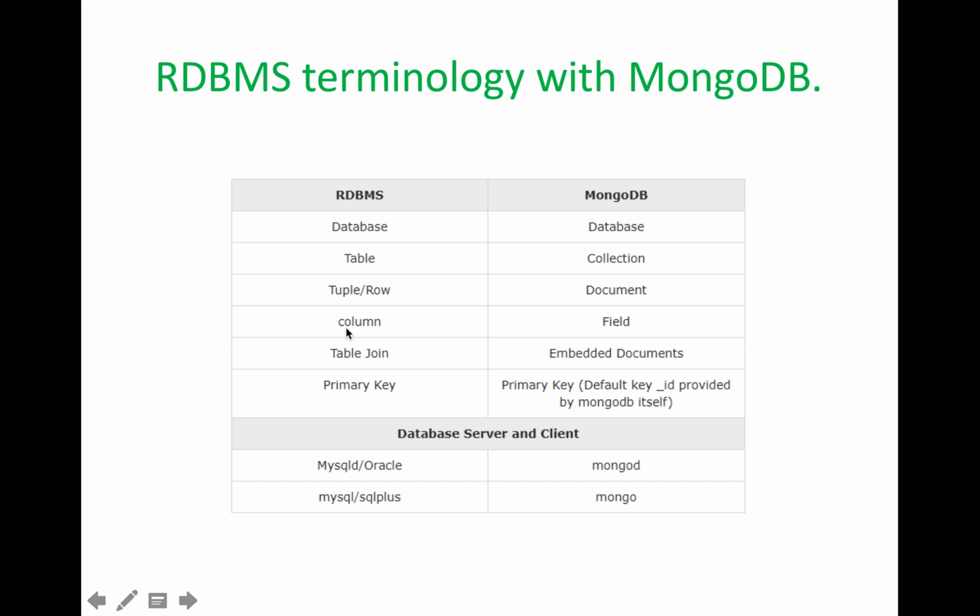RDBMS column name is a field in MongoDB. RDBMS table join is represented as an embedded document in MongoDB. RDBMS primary key, MongoDB primary key is underscore ID. Database server and client: in RDBMS, MySQL, Oracle, MySQL, SQL Plus; and in MongoDB, it is mongod and mongo.